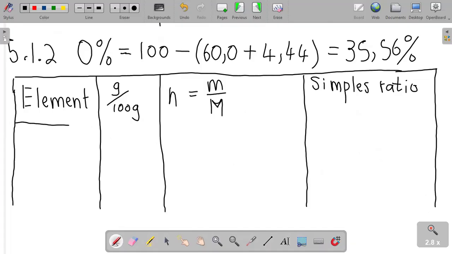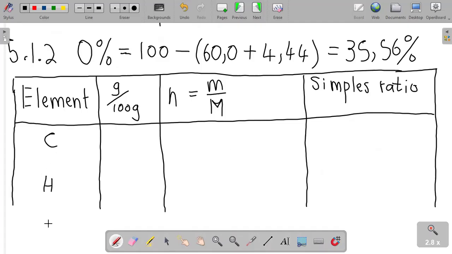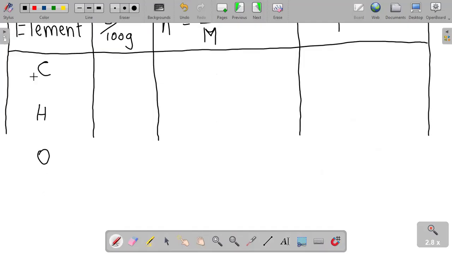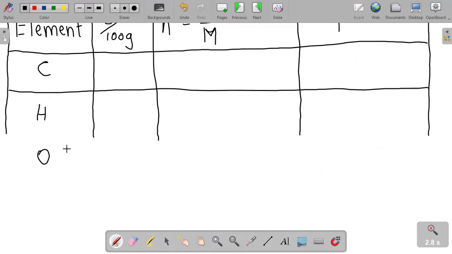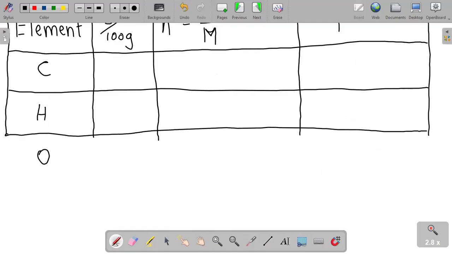So we write down all the elements. So we have C, H, then O, then underline. That's for C, that's for H, and that's for O.